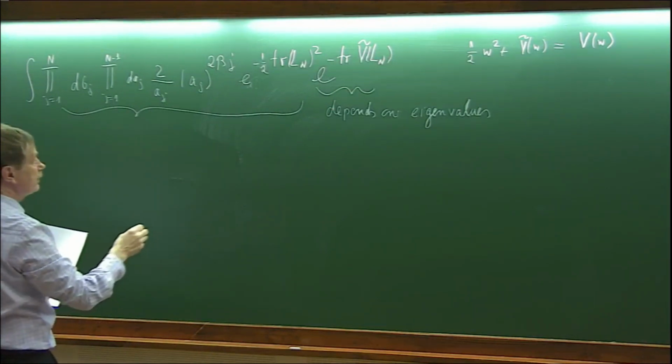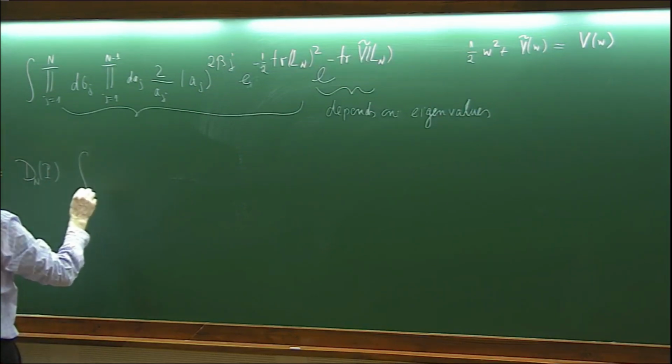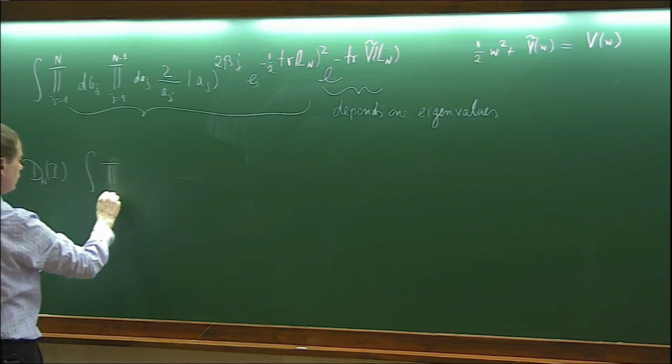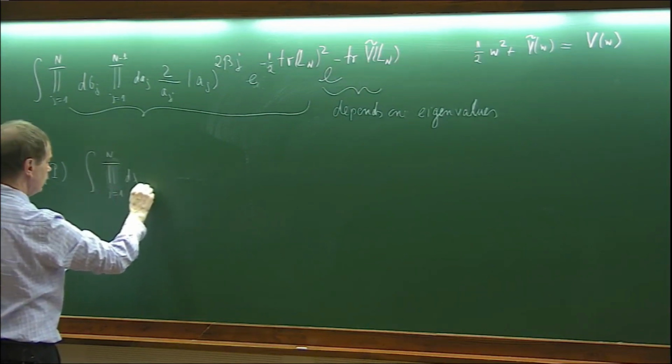So this is equal to some normalization which depends on V and P, but I don't care about that, so let me just put V here. And then there's the integral. Now just copy this formula. It's a product, j equal 1 up to n, d lambda j.